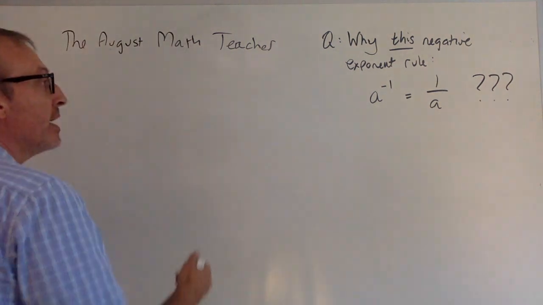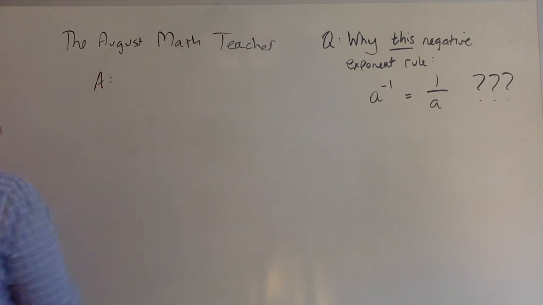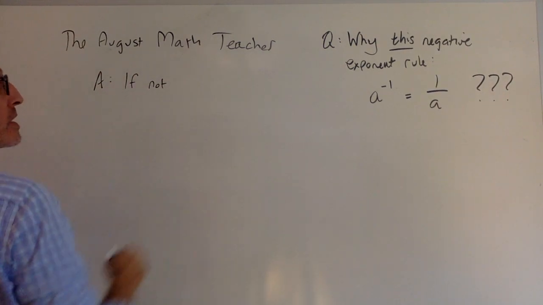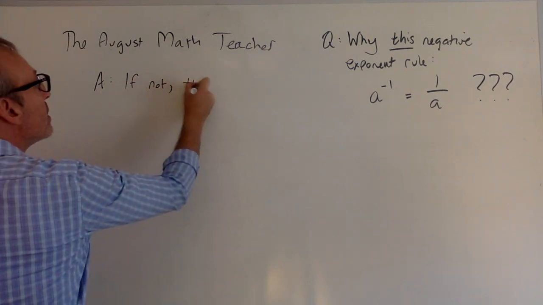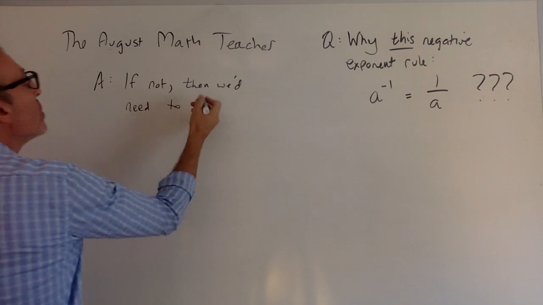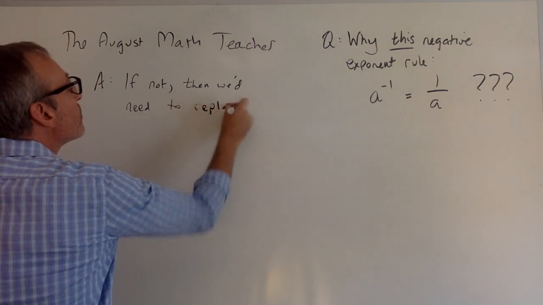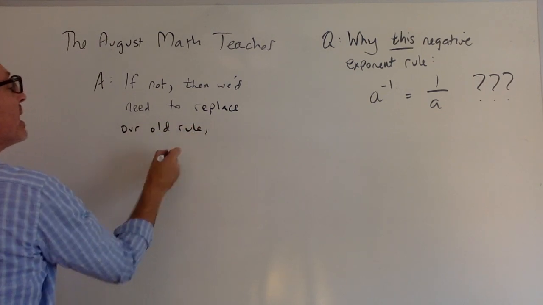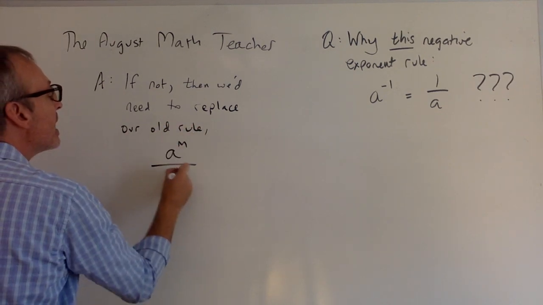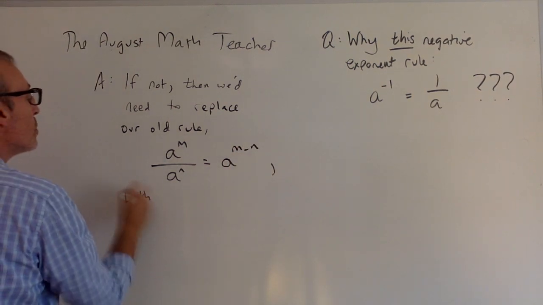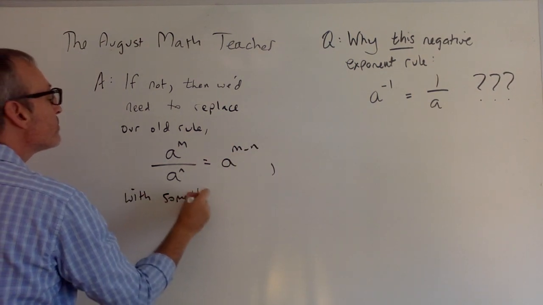So here's the answer to the question: if this exponent rule isn't true, then we'd need to replace our old rule that a to the m over a to the n equals a to the m minus n with something different.